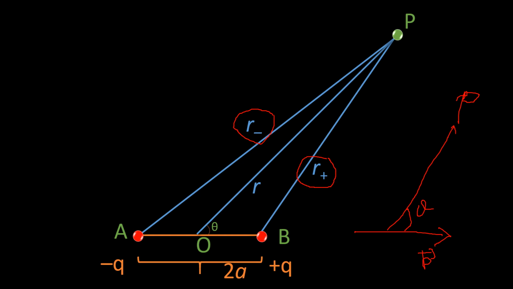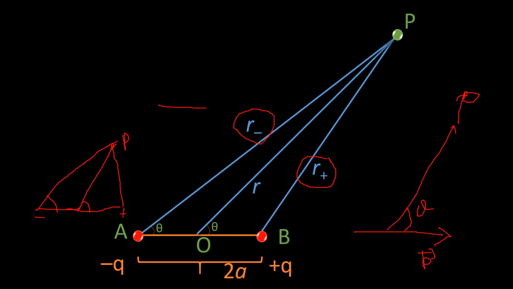And can I say that the angle at point A is also theta? No need to frown, let me make myself clear. Consider this situation where I have a plus charge at one end and a negative charge at the other end, and I have some point P. So obviously if I draw angles, I know that these two angles are not the same. If one is theta, the other one cannot be theta.